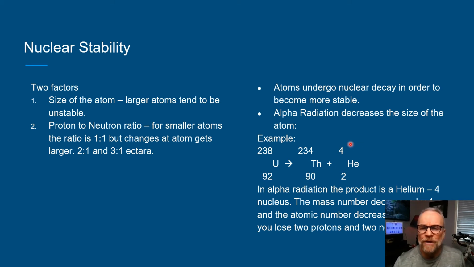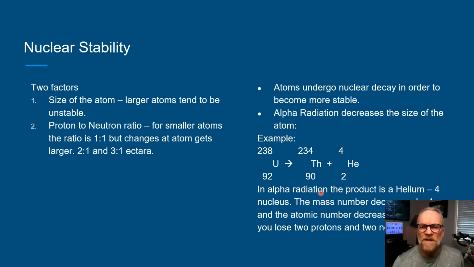And then it produces what we call an alpha particle right here. This particle is similar to a helium-4 nucleus, and it is the least energetic of the types of radiation that we'll talk about. We'll have alpha, beta, and gamma radiation as part of our nuclear decay or nuclear radiation series.